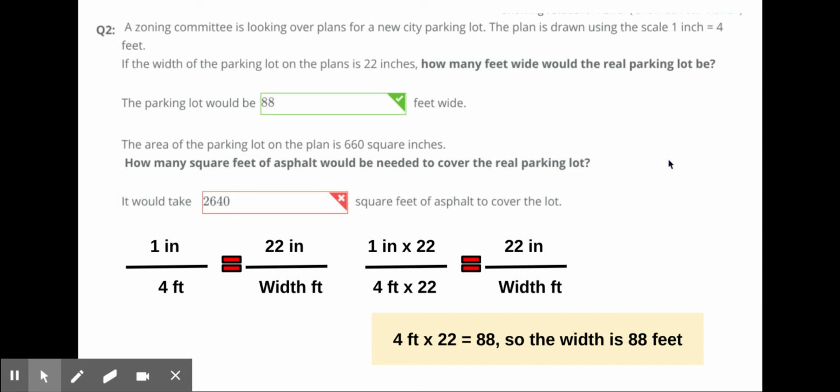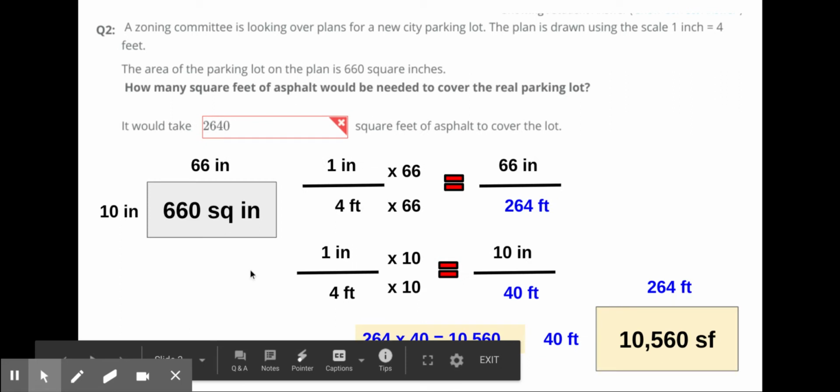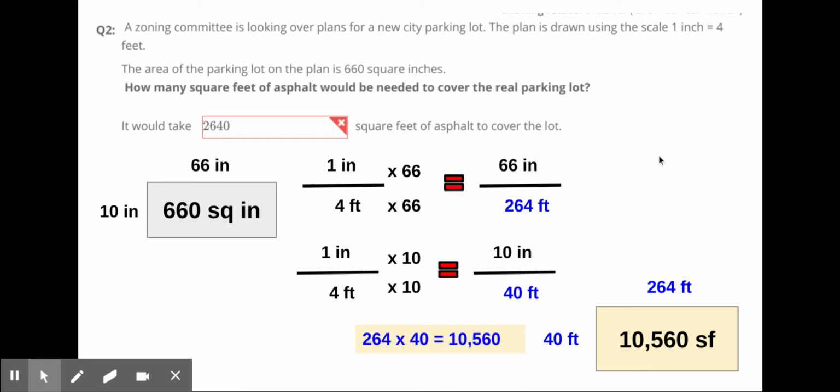Now, the second part is where most of you had problems, so I'll address that one. Many of you may have gotten confused because you were stuck thinking that you have to have square feet based on 88 feet. But that whole previous problem said if the width were 22 inches. Now we're given the area.